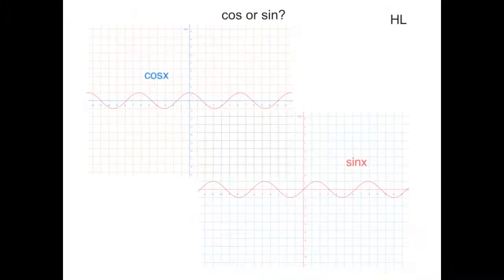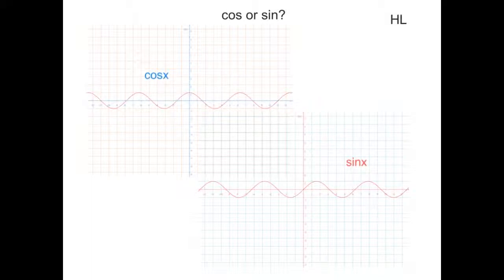Now, in some questions you might be given trigonometric functions on graphs and asked to identify them. So we've looked at so far how we can identify the range and the period on a graph, but now we need to look at the difference between cosine and sine themselves.